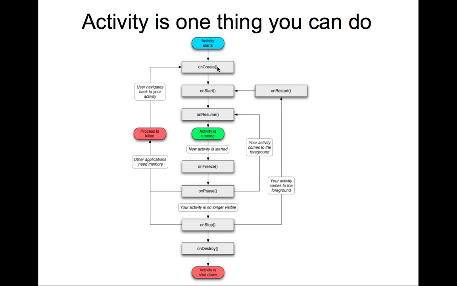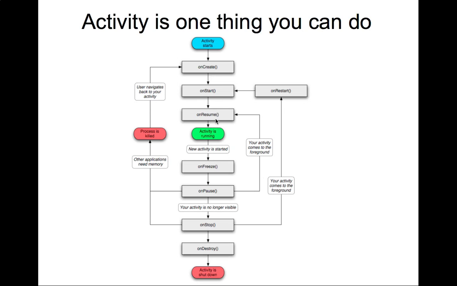We're always going to create. That's the constructor. We may not necessarily start. We might do an onCreate and not start. We might stop at this point. And it can be used for error checking. On start, what if we can't get a network connection? Are we really going to start? So it can be used to control the state of the onCreate.